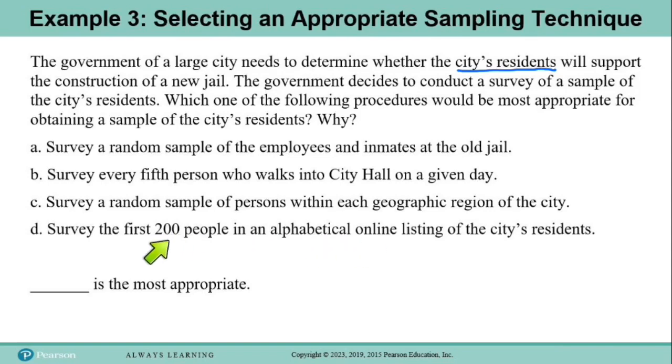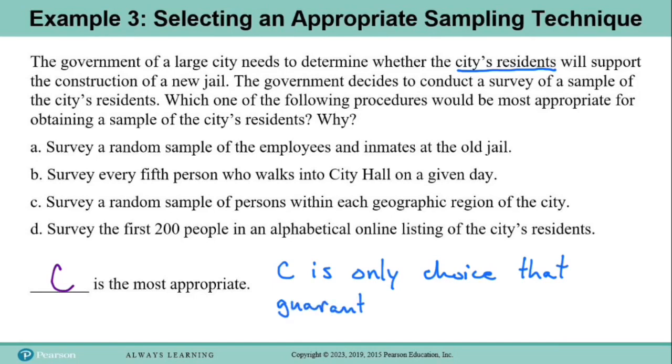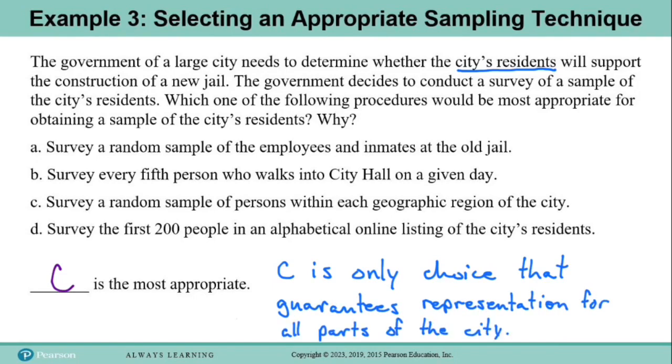No, I'm going to say this is not a good idea. This is another convenience sample, and we just have no way of knowing if these 200 people are going to accurately represent the population. So choice C is our most appropriate choice, and the reason is that C is the only choice that guarantees representation for all parts of the city.